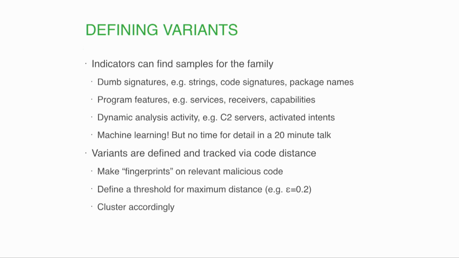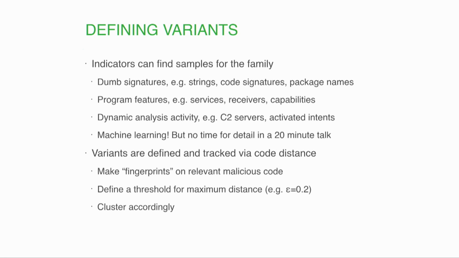So indicators are how we find samples in order to start doing this analysis with the code distance metrics. So you can start with dumb signatures. Everybody says that mobile AV is just looking at package names. We do that with a million other things, but that's the one thing that people always remember.